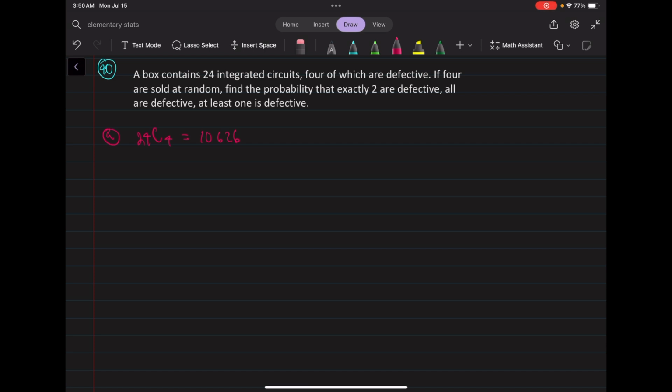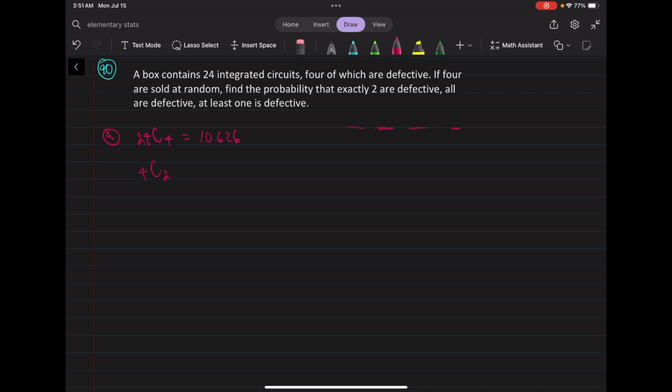Out of the defective ones, I'm selecting 2. There are 4 in total that are defective, and I'm selecting 2. That is how I can select 2 out of 4. But then I am left with just 2 more slots.